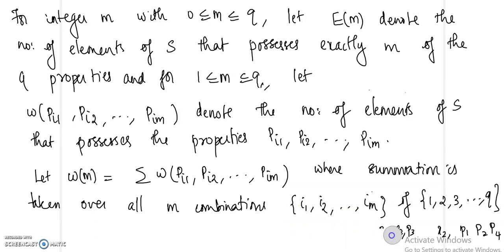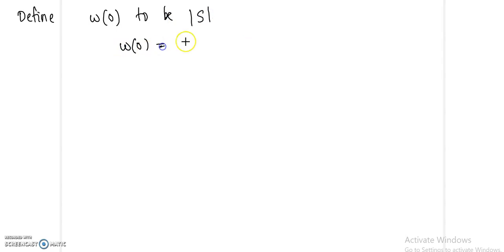And we also define omega of 0 to be the cardinality of S. So here omega of 0 is the cardinality of S. Here we have taken an n element set, so omega of 0 is defined to be n.